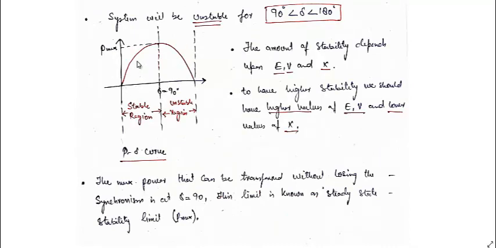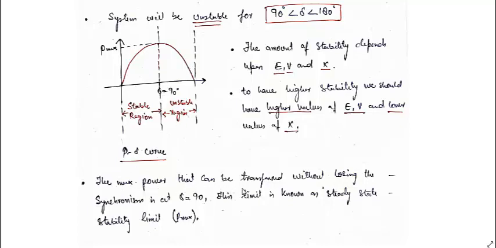You can see from this point to this point the slope of this curve is positive, that is delta Pe by delta delta will be positive and the system will be stable. For delta equal to 90 degrees to 180 degrees, delta Pe by delta delta is negative, so we can say this part of the region of the curve will be unstable.